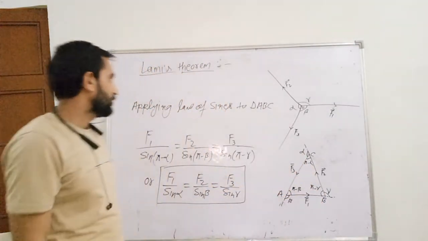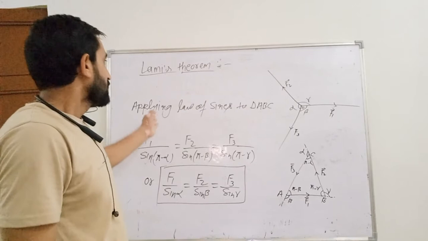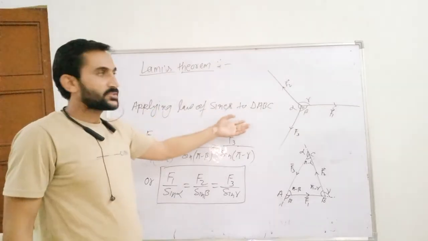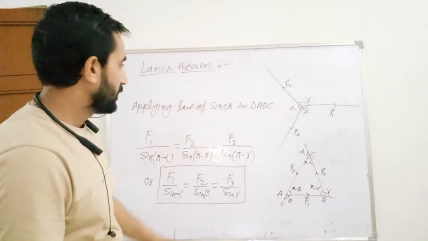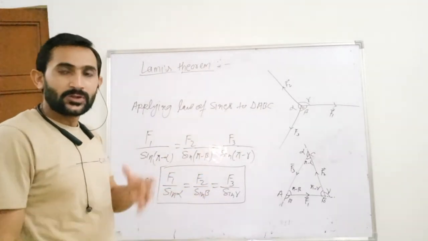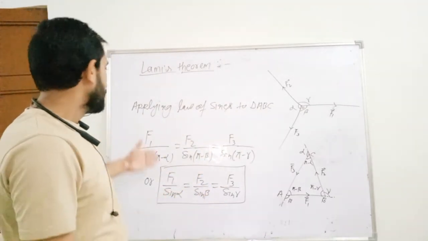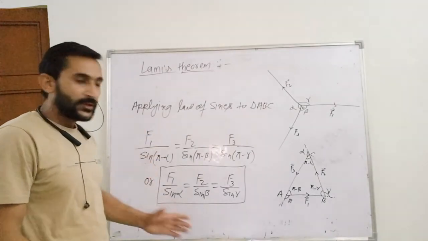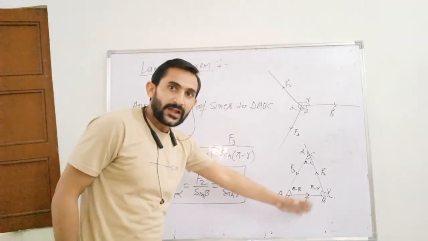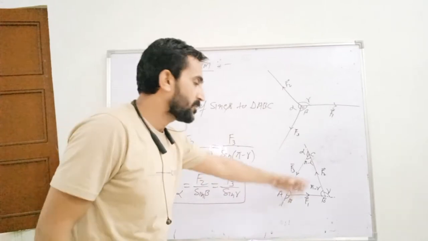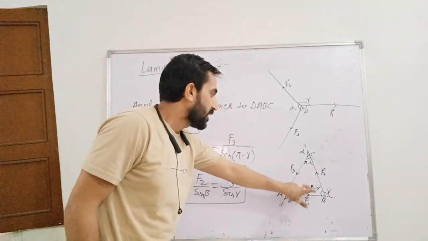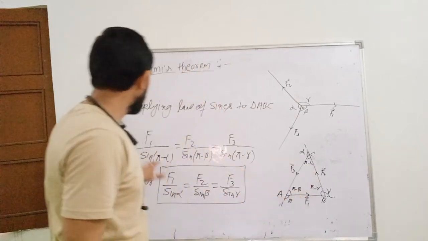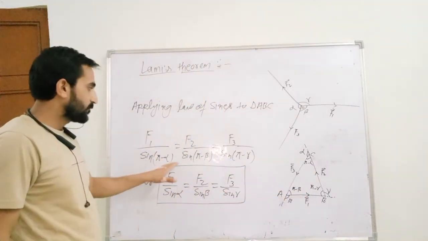Now applying the law of sines to triangle ABC, we will apply the sine law. There are two laws, sine law and cosine law. Here in the sine law, the value of the force is divided by the sine of the angle in front of it: F1 upon sine of pi minus alpha.